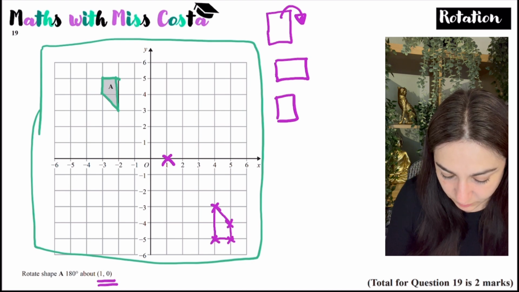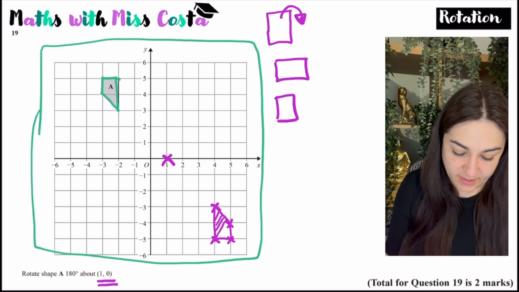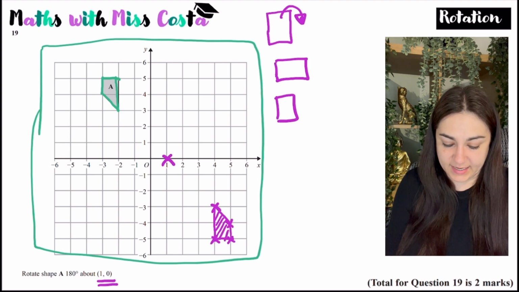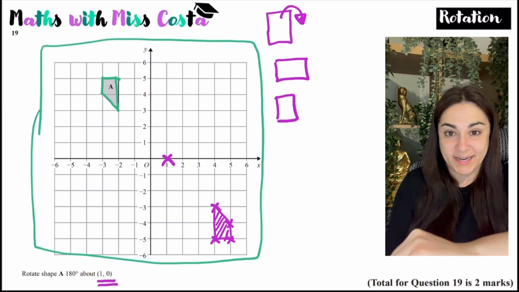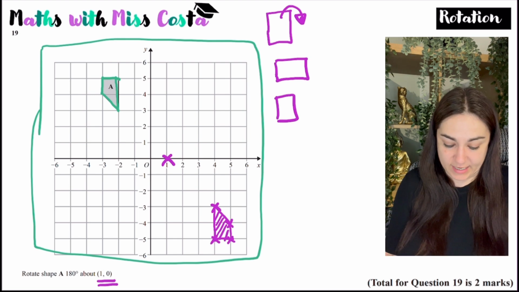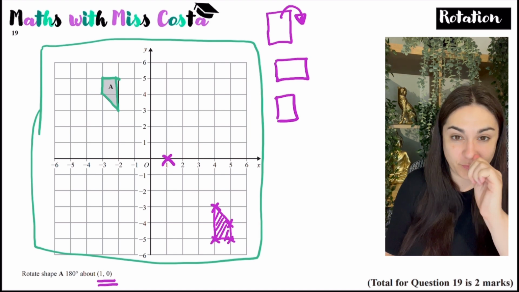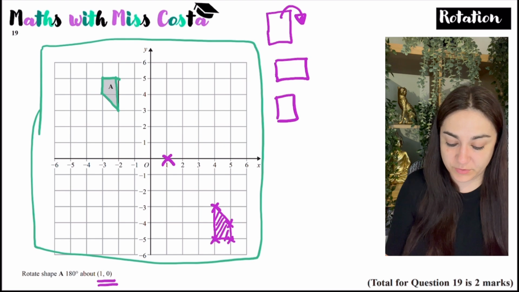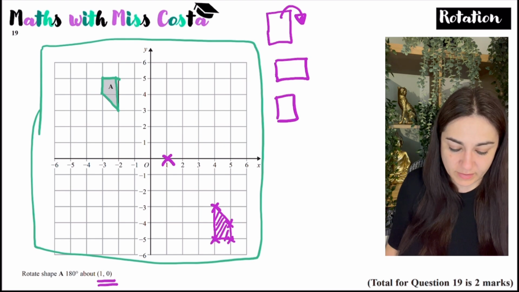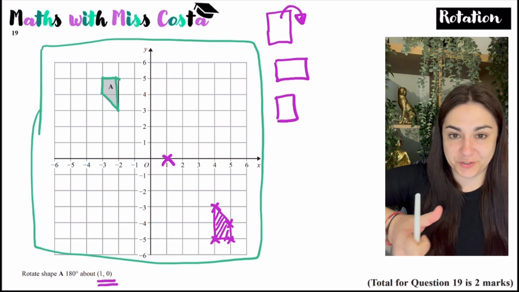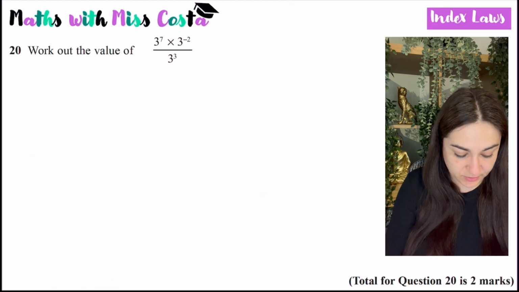So this is what your shape should be like. The key is to put your tracing paper on top, put your pencil there, and rotate it. If you're quite new to this, you probably want to write your coordinates down to the side and then fill them in. But the whole point of the tracing paper is it shows you where your shape should go.